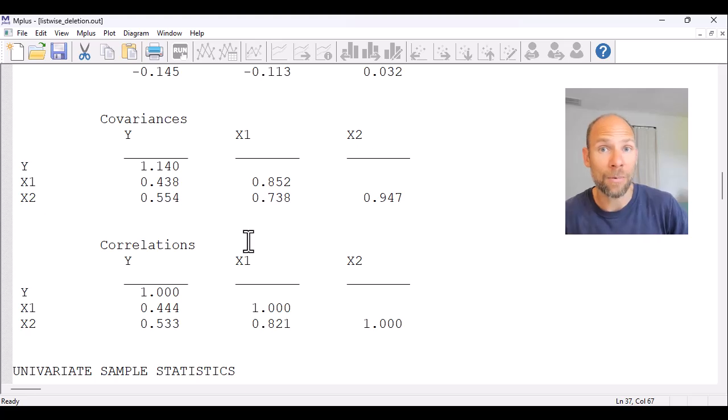So both bias may be introduced by listwise deletion, and also statistical power may be greatly reduced by cutting the sample in half, and actually more than that, by reducing it from 300 to 145. So in summary, this is really not a good idea.